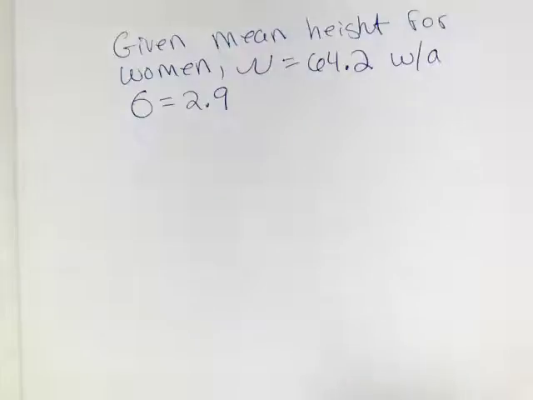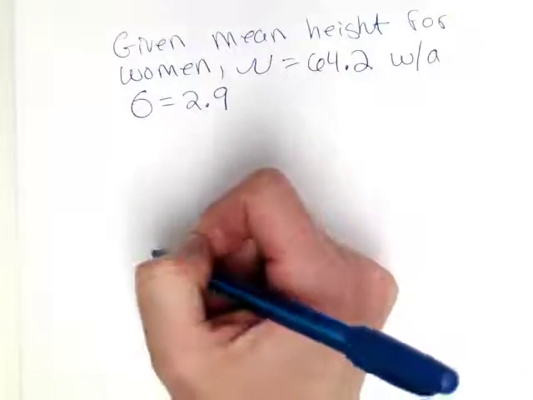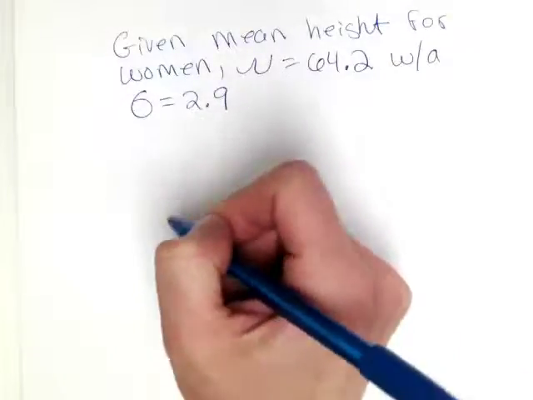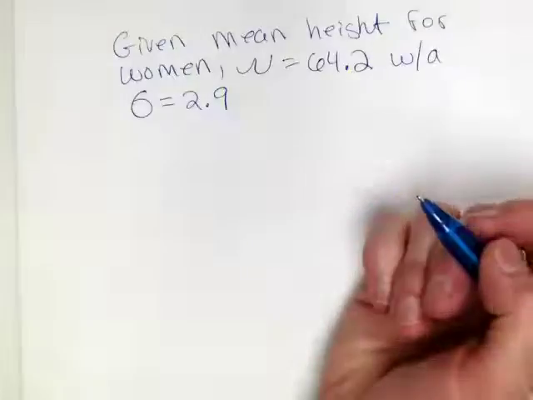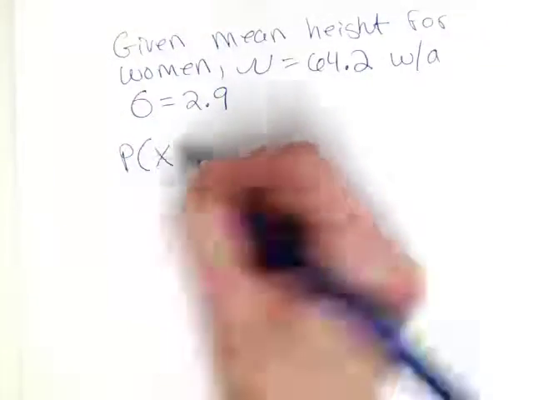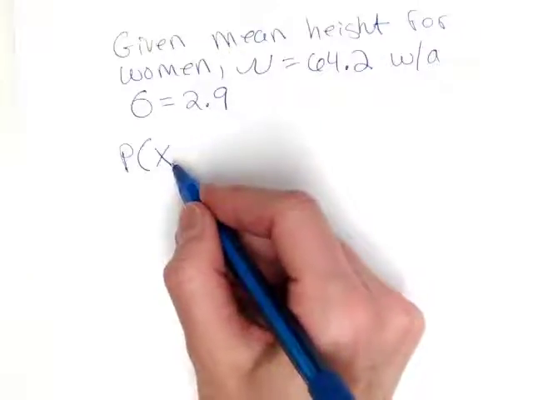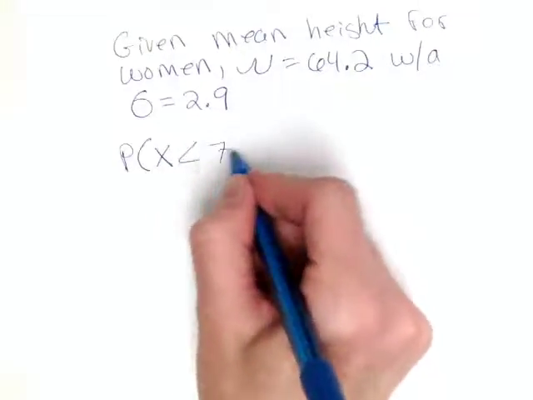Okay, so for this first part, they ask, how likely is it to select one woman with a height less than 70 inches? To answer that, we're going back to section 5.2. In the first part, we're finding the probability a single woman has a height less than 70.